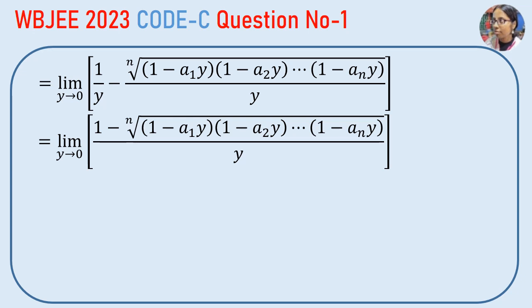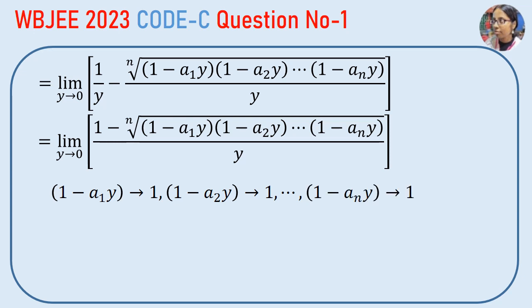Now, since y tends to 0, therefore a1y tends to 0, and hence 1 minus a1y tends to 1. Similarly, 1 minus a2y tends to 1, and so on, 1 minus any tends to 1.